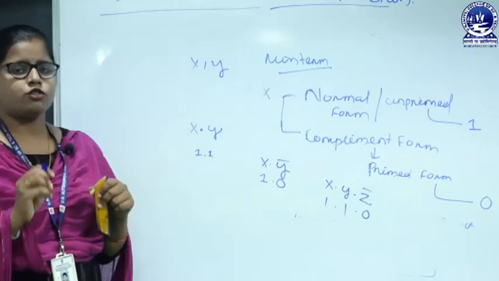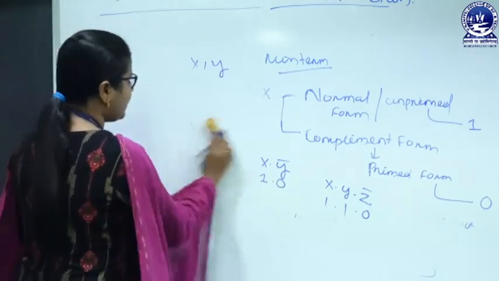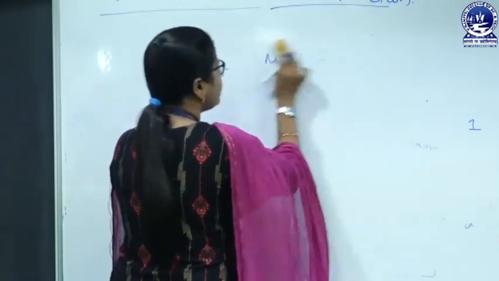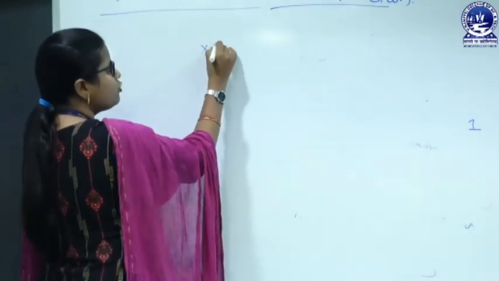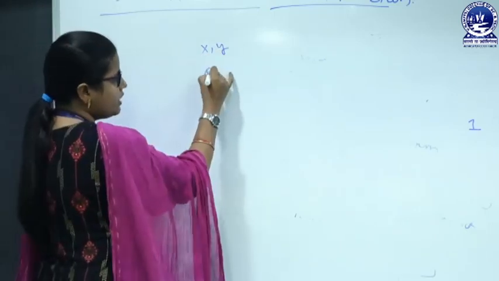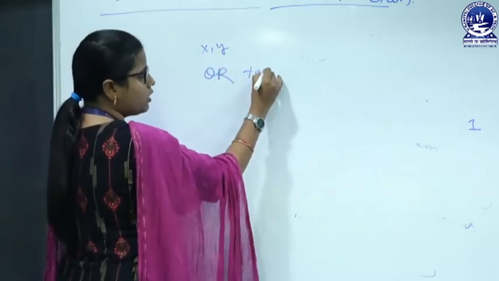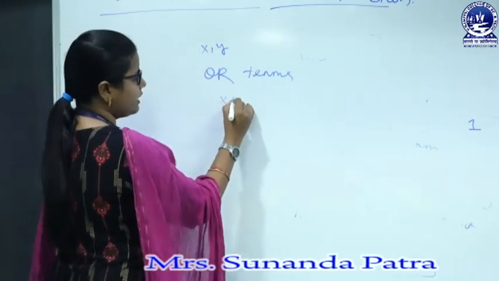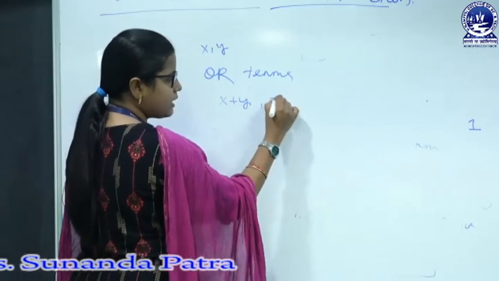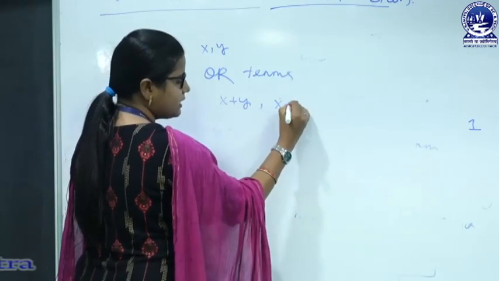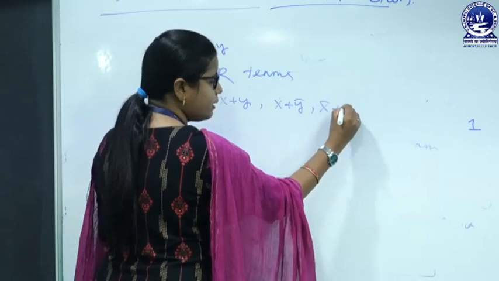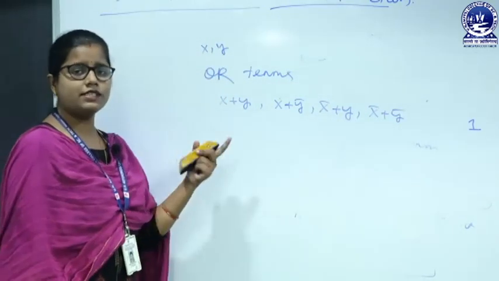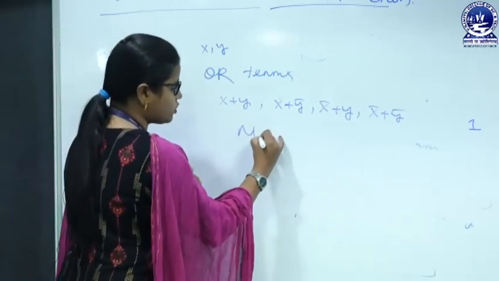Like that we also have the max term. What is the max term here? When we go for forming the OR terms. If we have two variables x and y and we form the OR terms, then the possible combinations are x plus y, x plus y complement, x complement plus y and x complement plus y complement. So this is the max term.